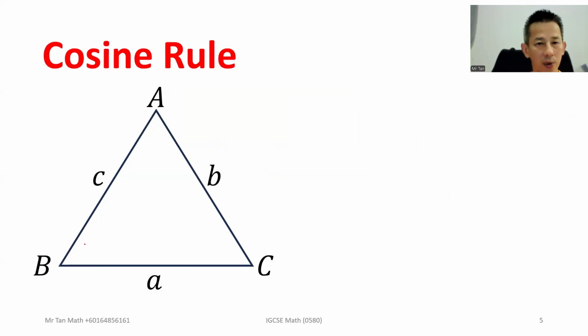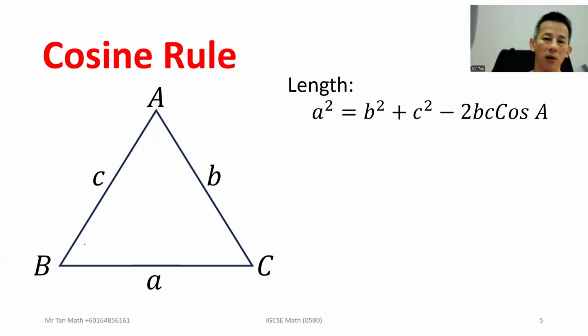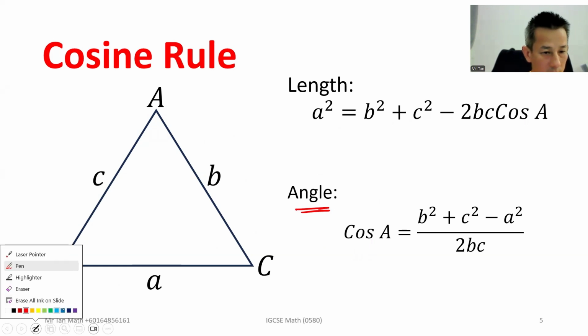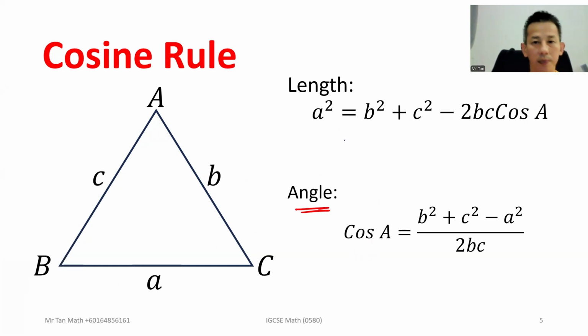Okay, for cosine rules, let's look at the formula. So it will be a squared equal to b squared plus c squared minus 2bc cos A. And the formula to find the angle will be cos A equal to b squared plus c squared minus a squared over 2bc. In case you can't remember the angle formula, you can just derive it from here.